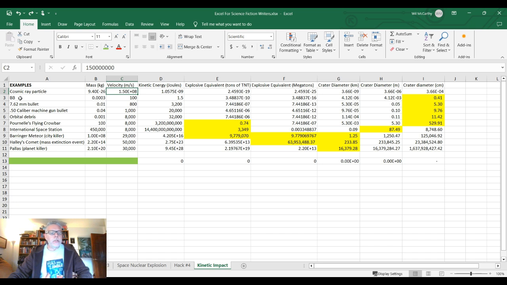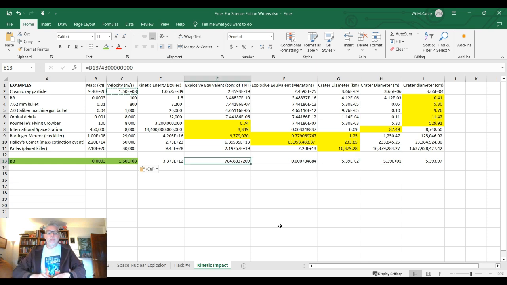But what we can do, for example, is take a BB. Let's copy it down here. And let's say we have a BB that's traveling at half the speed of light. Well, what does that do for us? That gives us an explosive equivalent of about 700, 800 tons of TNT.